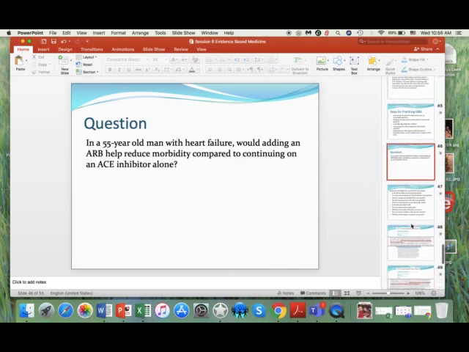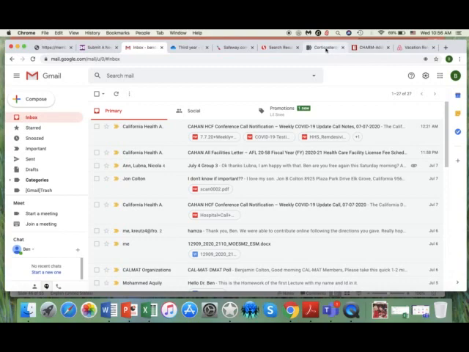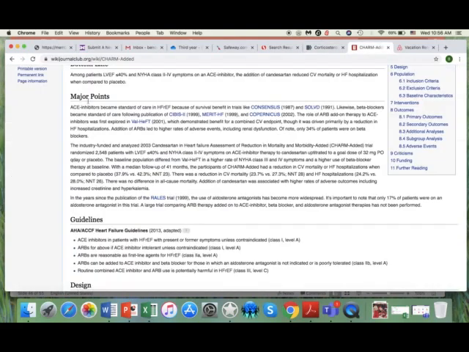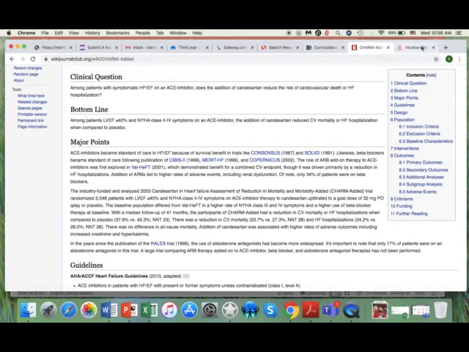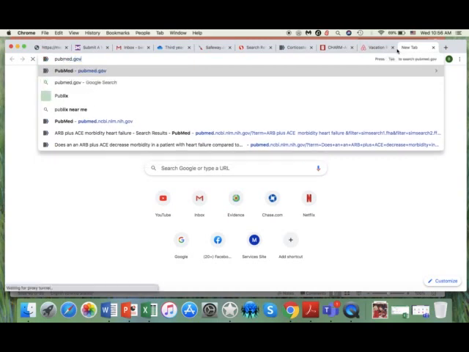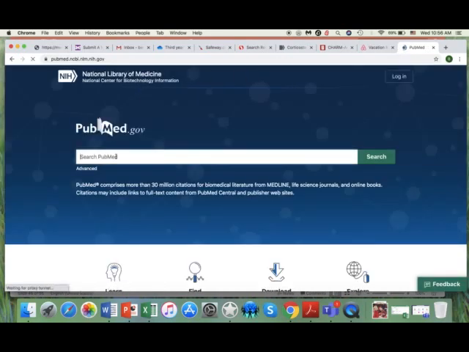So if we go to PubMed, pubmed.gov. Here is the home page. Like I said, it looks a little bit different now.